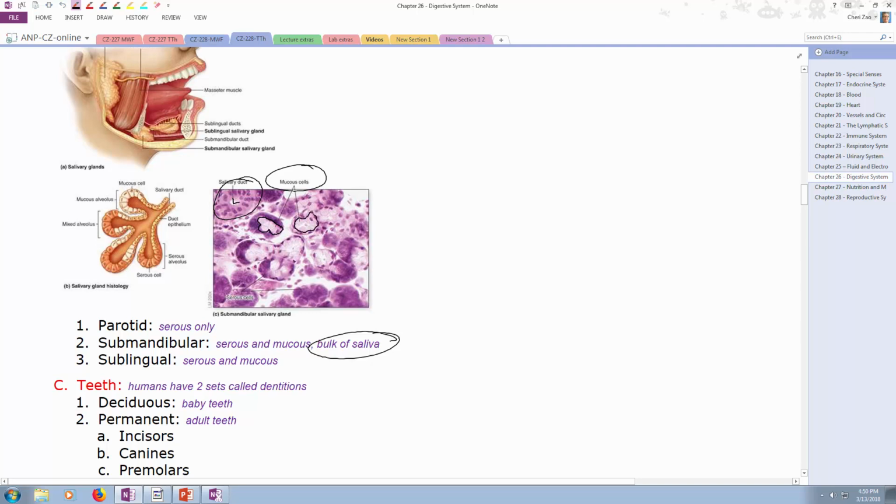So mucus cells are very pale in their coloration whenever they are stained. And then serous cells are definitely purplish when we take a look, and even can overlap a mucus cell. And when they overlap a mucus cell, we call them serous demilunes, because they look like half moons. So serous demilunes, here's a beautiful example of a little bit of a moon shape to me. That's the serous demilune, and then here is the mucus component of this mixed salivary gland.